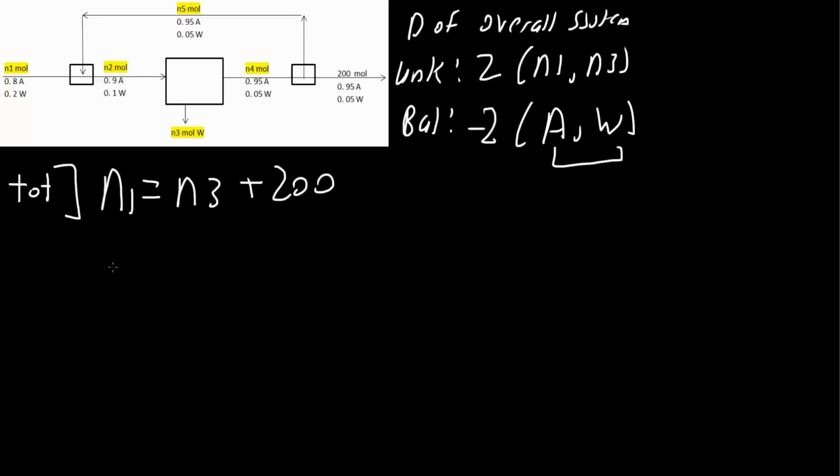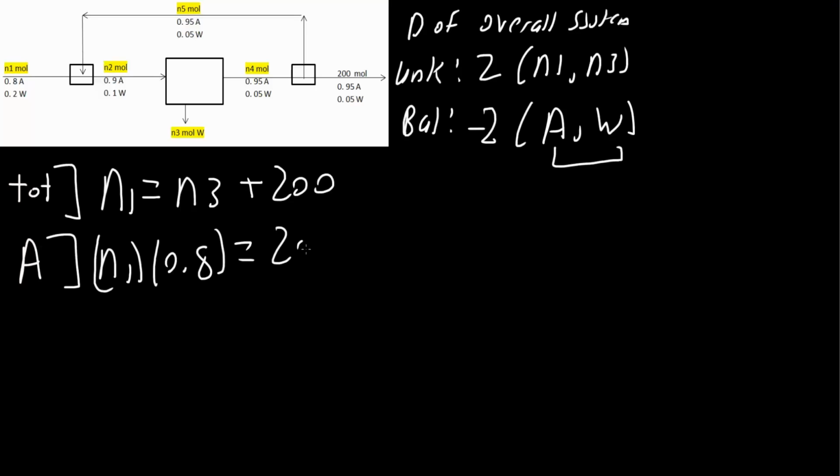The next equation could be an A balance. W could also work, but if we do A, just this and this. So we can say N1 times 0.8 is equal to 200 times 0.95.